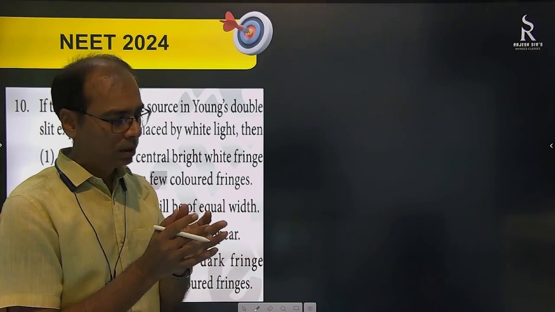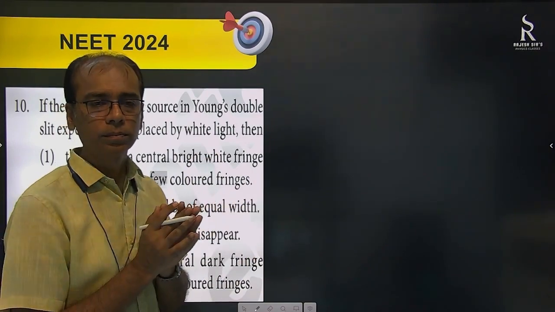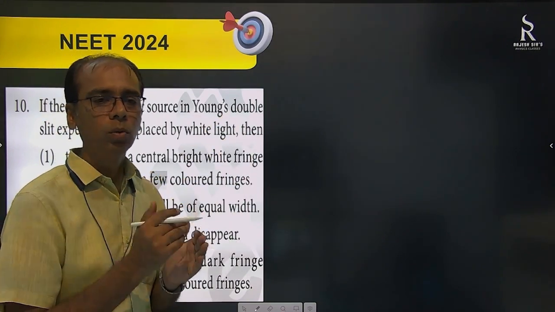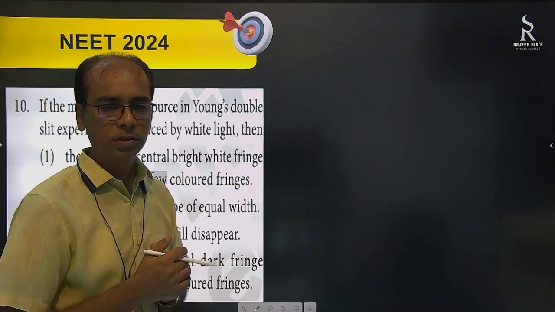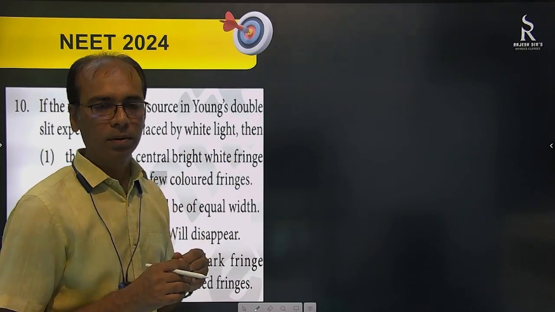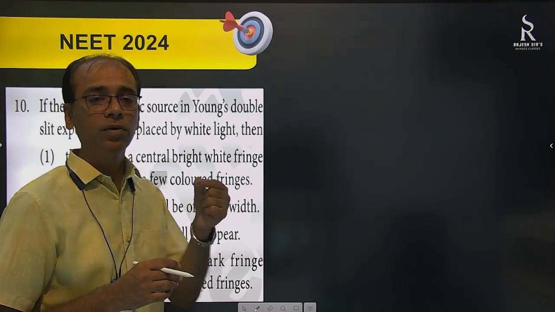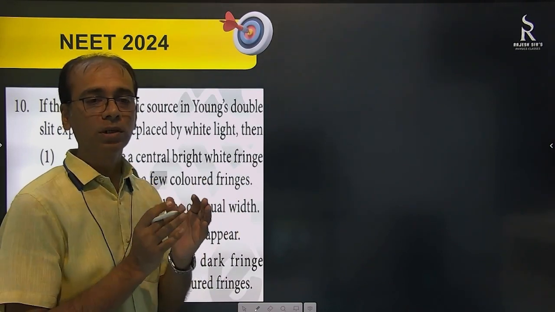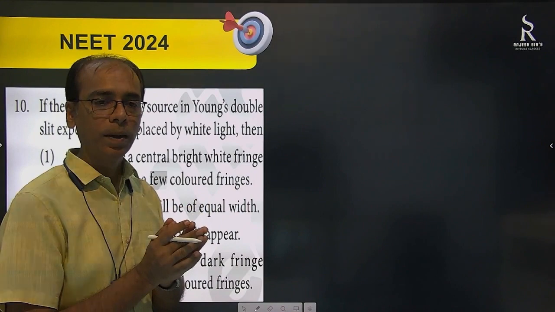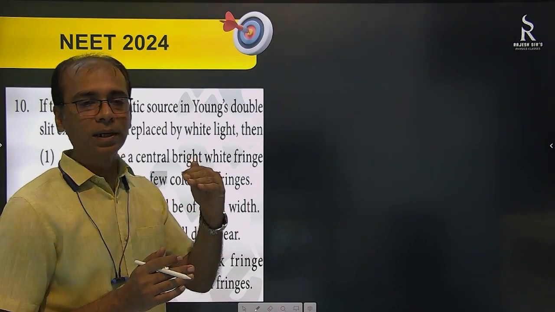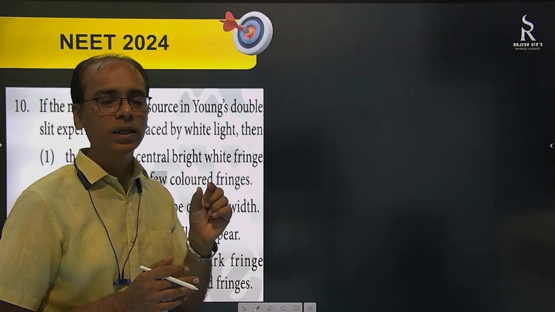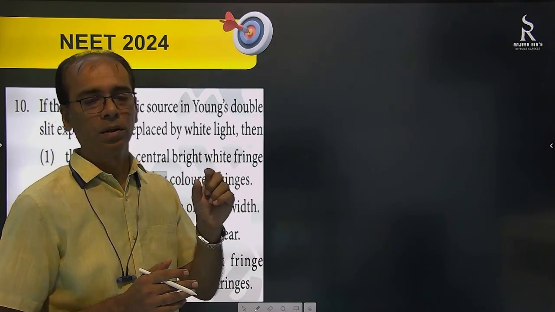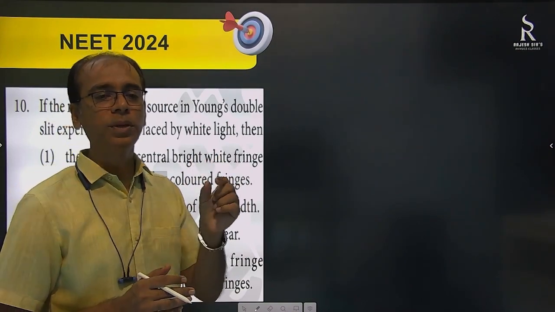Then as you move away from the central maxima, you have a certain path difference. Path difference will develop, and since the wavelength of each color is different, what will happen? Delta x, for maximum intensity, used to be n lambda.